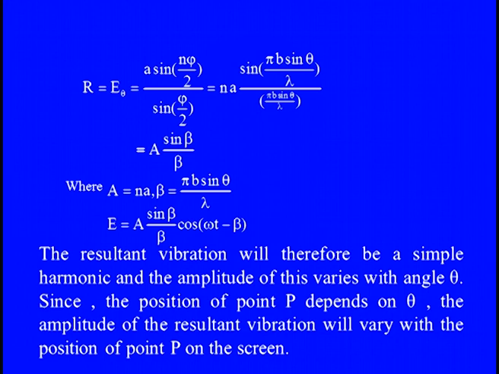So, the resultant field at the point P becomes equal to A sin beta by beta cos (omega t minus beta).